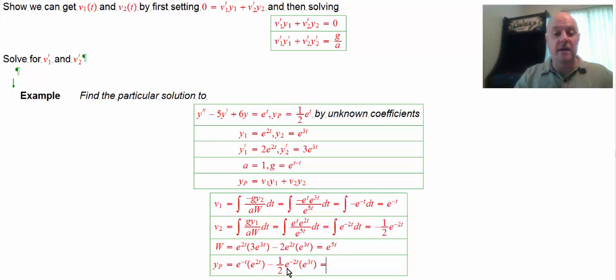And when I simplify that, here's e^t minus a half e^t, I get what I got up here, a half e^t, which of course I expected to get. So there's my particular solution obtained through variation of parameters.